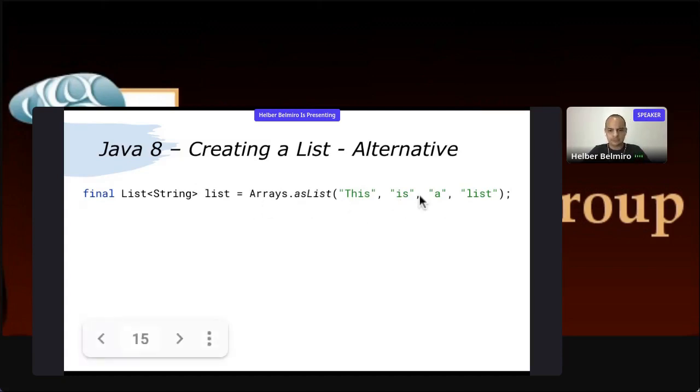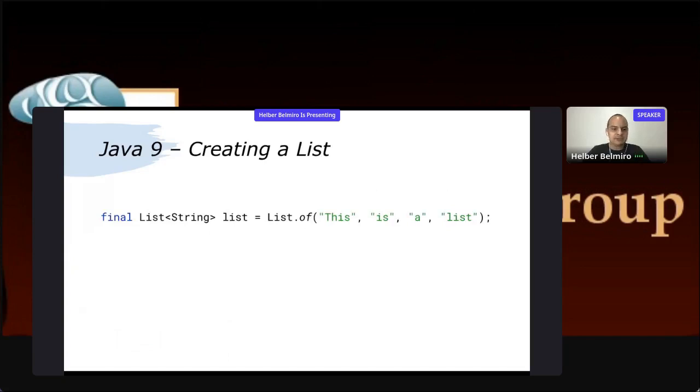Very simple, very straightforward, but it's not intuitive. Why would you search for a method in the Arrays class to create a list? I would never find this method by myself, so it's not intuitive.